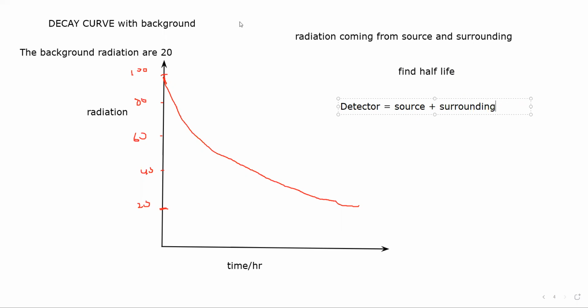Now, on the x-axis, we have the time interval, for example 1 hour, 2, 3, 4, 5, 6, and so on. Again, it's up to you, you can take any value. For example, I took 80. So when I took 80 radiations, these 80 radiations include both source and surrounding.